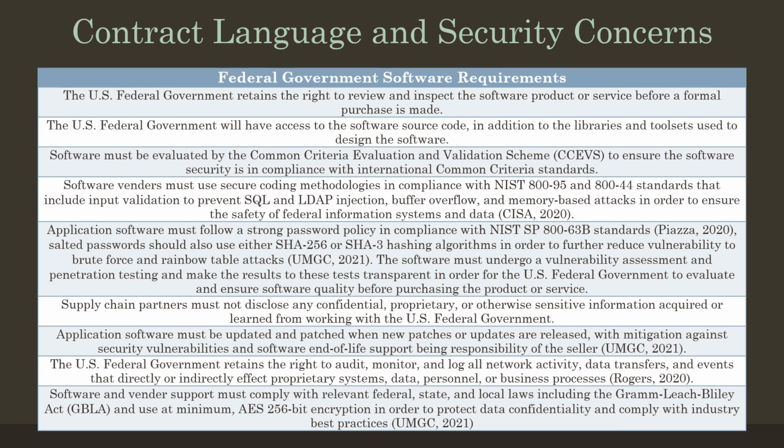Then this is how I would say is the best way we can go about ensuring the federal government's cybersecurity throughout the software development and procurement process, and in dealing with supply chains. Thank you.